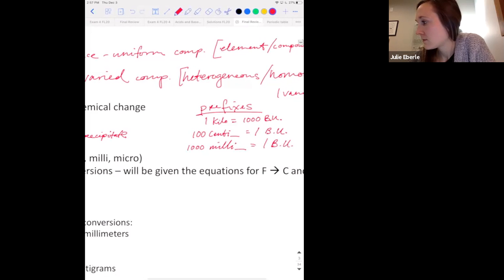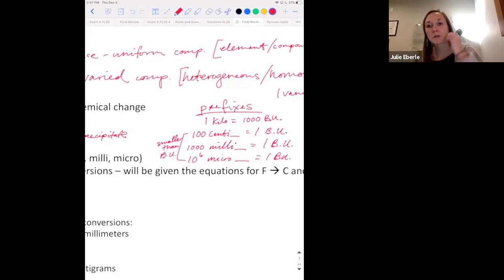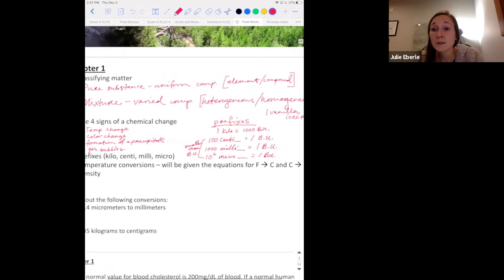For micro, there's 1,000,000, 10 to the 6, in 1 base unit. So all these 3 are smaller than the base unit. Kilo is larger. These are the 4 that I really wanted you to know very quickly.